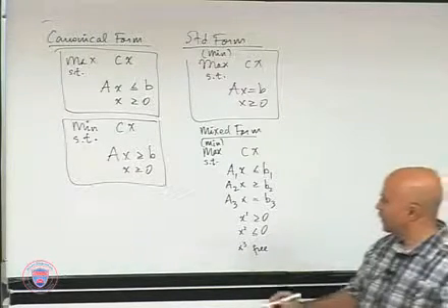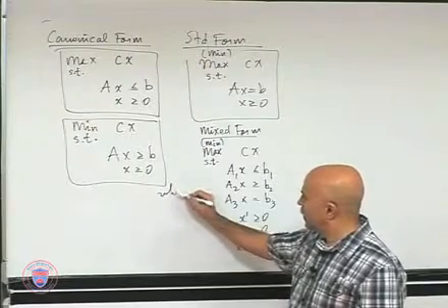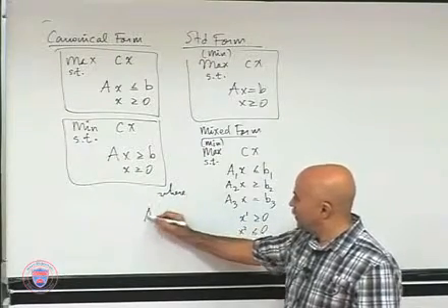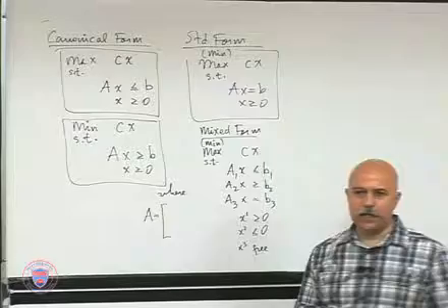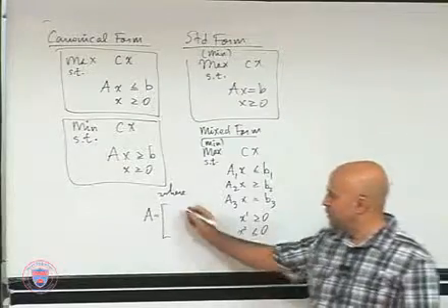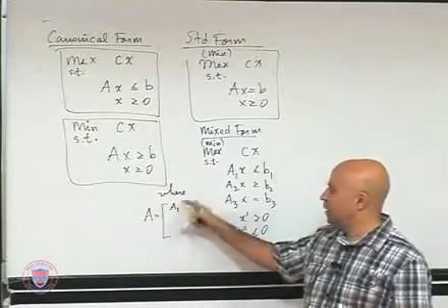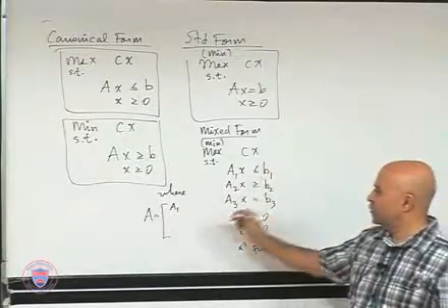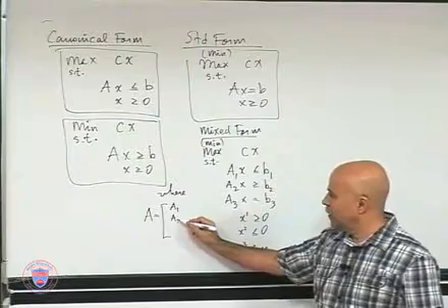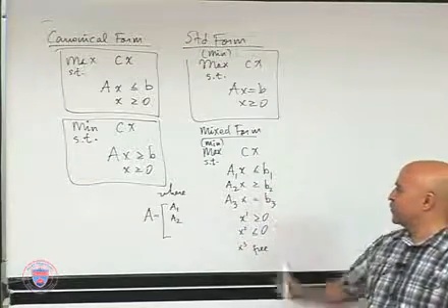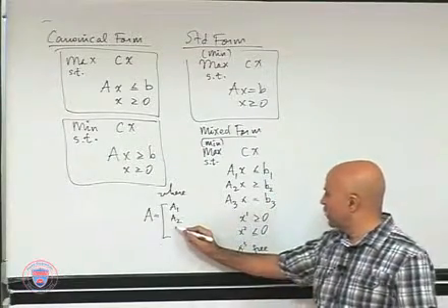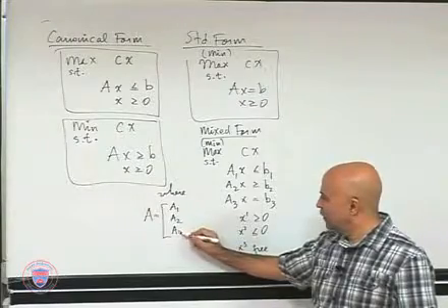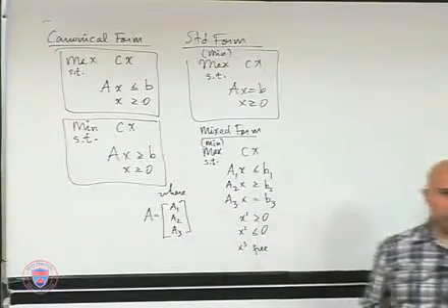where A is partitioned with row exchanges as necessary, so that a number of rows at the top correspond to less than or equal to type constraints. The rows in the middle correspond to greater or equal constraints, and rows at the bottom correspond to equality constraints. Okay?